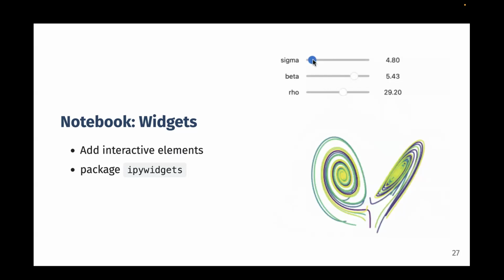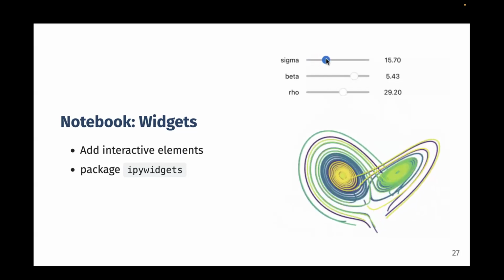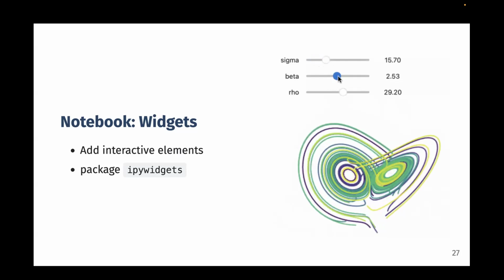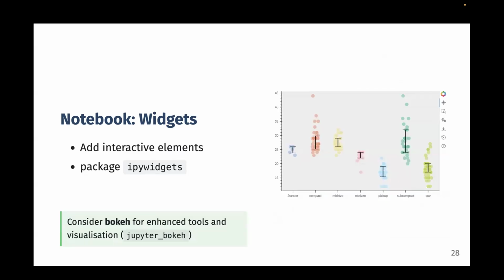Another good option, if you want a bit more sophisticated graph interaction, is a package called Bokeh, and as you see on the right, they have a number of different widgets and interaction elements, but one which is very nice is this little graphing tool which you can add to plots, which lets people pan and zoom and interact more with your data. And for this, you need to install a separate Jupyter Bokeh extension.